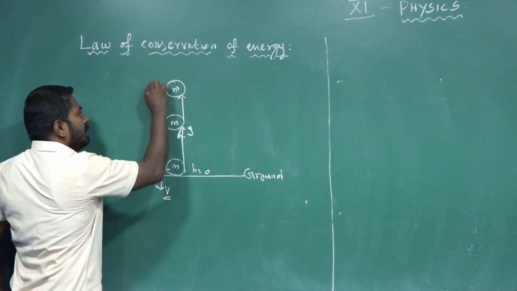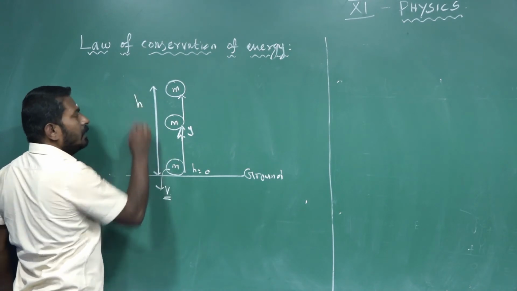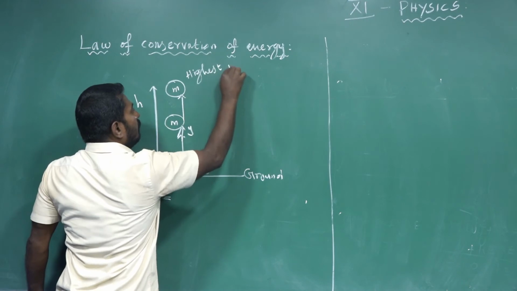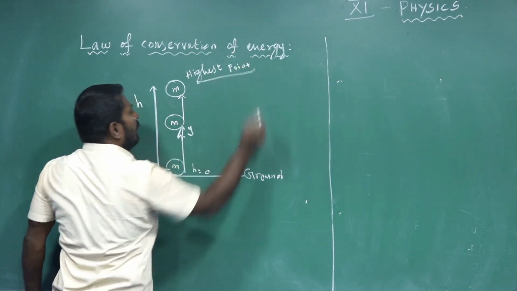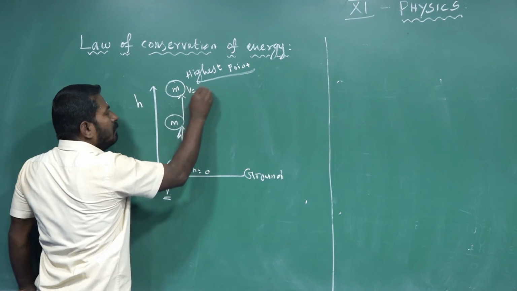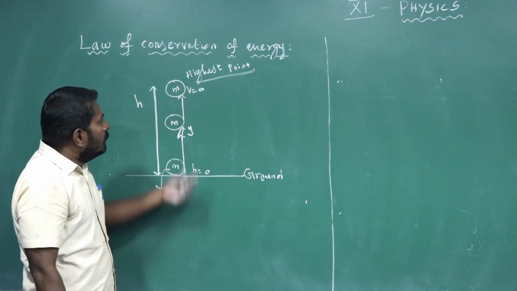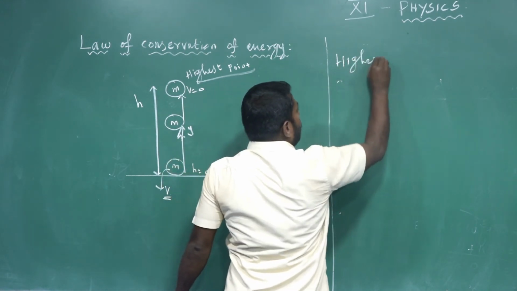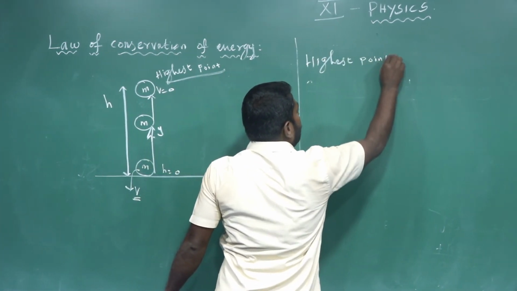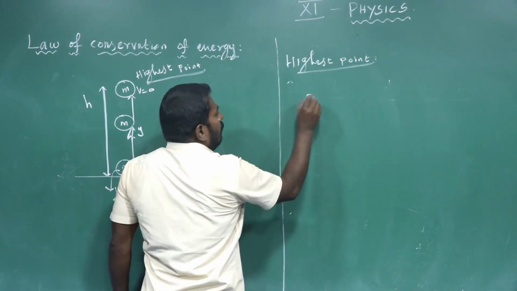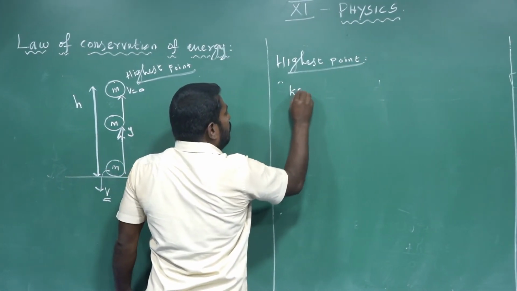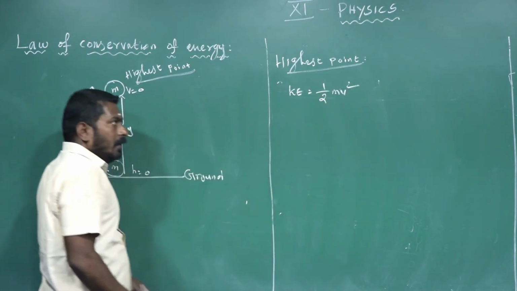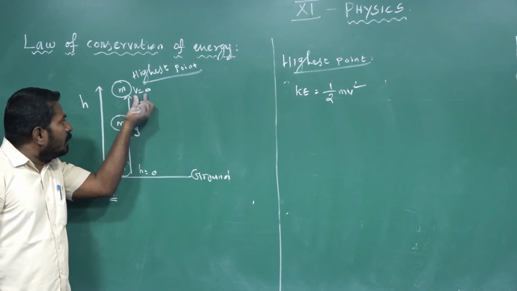It covers a height h. This is the highest point. At the highest point, the velocity of the object is 0. So at the highest point, kinetic energy of the object, KE, is equal to half mv squared.